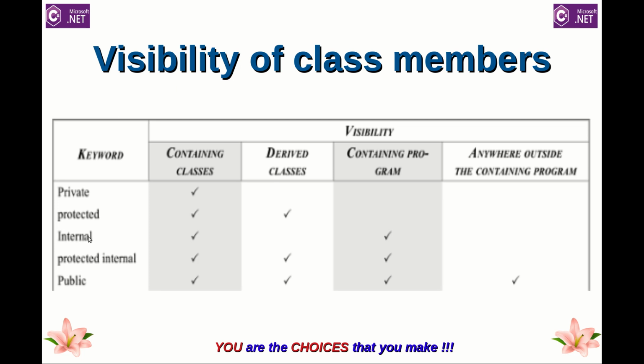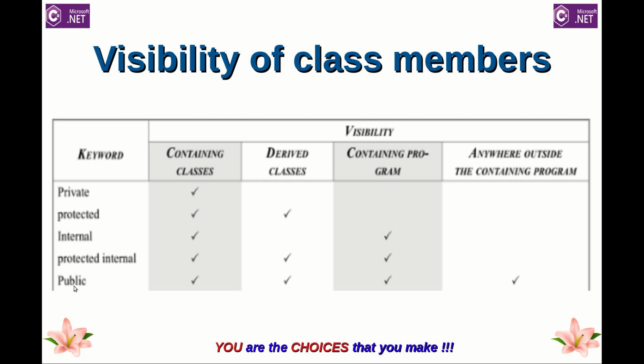If you declare a member as internal, it can be accessed in the class, it can be accessed in the program, but it cannot be accessed in the derived class or outside the program. Whereas if you declare a member as protected internal, it can be accessed in the class, in the derived class, in the program, and it cannot be accessed outside the containing program.